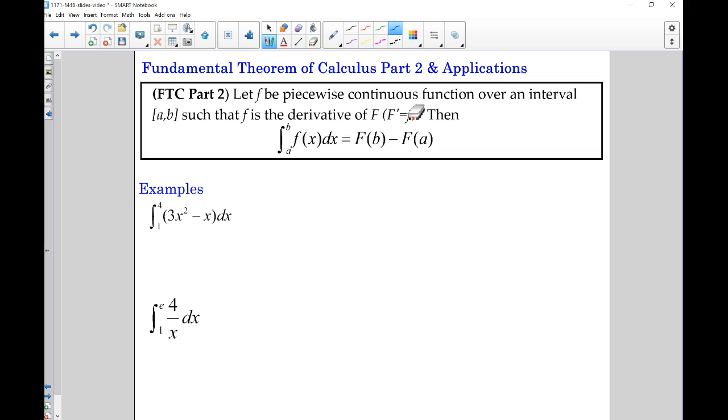Then in that case, if we want to find the definite integral, what this is saying is take the antiderivative evaluated at x equals b, and then subtract the antiderivative evaluated at x equals a. So compute the antiderivative and then take the difference of the antiderivative value at the upper bound and the lower bound.